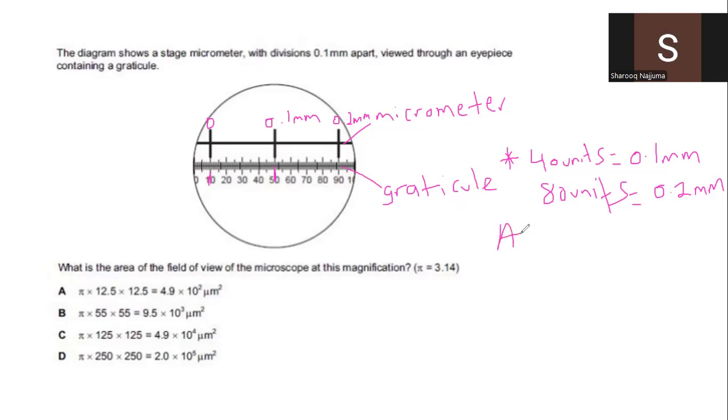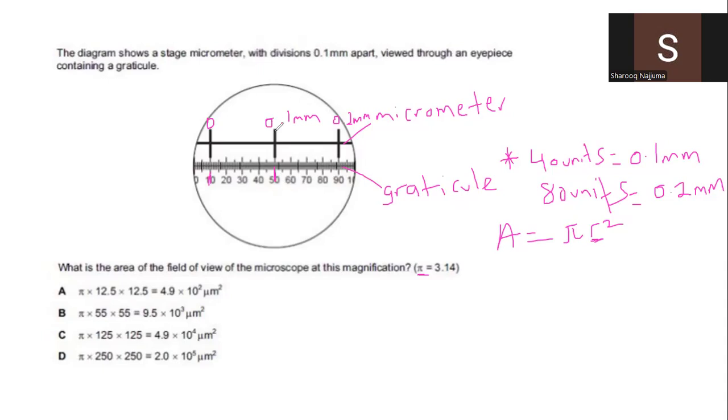Area of a circle is pi r squared. I have the pi given to me. The pi is 3.14, but now I need the r. So I need the radius. So how am I going to get the radius? You look at the middle of this circle.